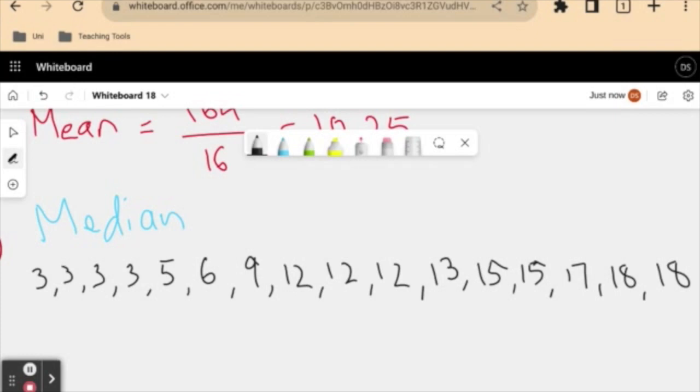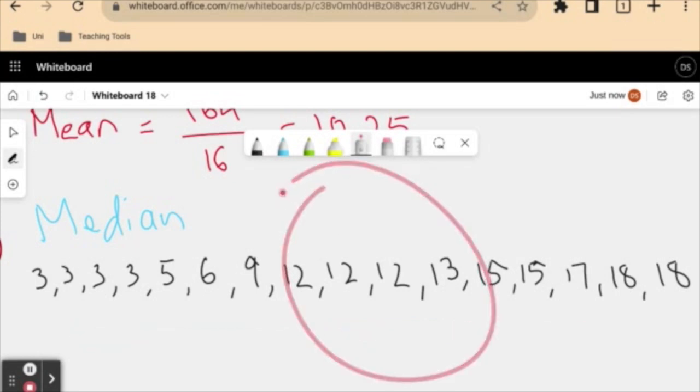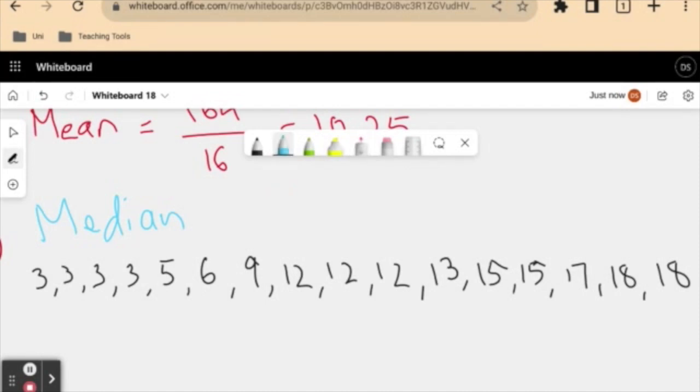So we essentially just want to locate the middle term here. Out of all of these, we want something smack bang in the middle. So we can just cross off on either side one number as we go.